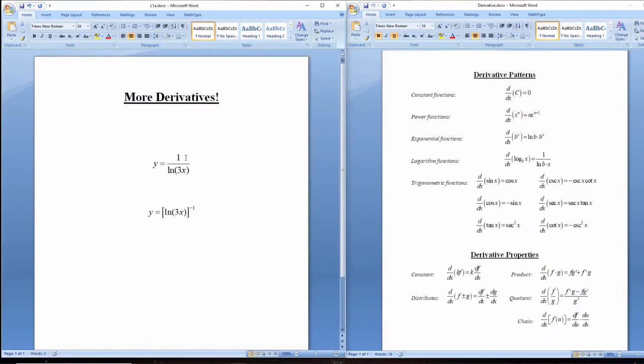So if we go back to the original problem, we see it's 1 over, and if we put it back into a power form, we can see that the outer function here is a power function. So if we look at this, 3x, that's a power function inside a log function, and all of this is inside this power function. So it's going to be chain rules here.